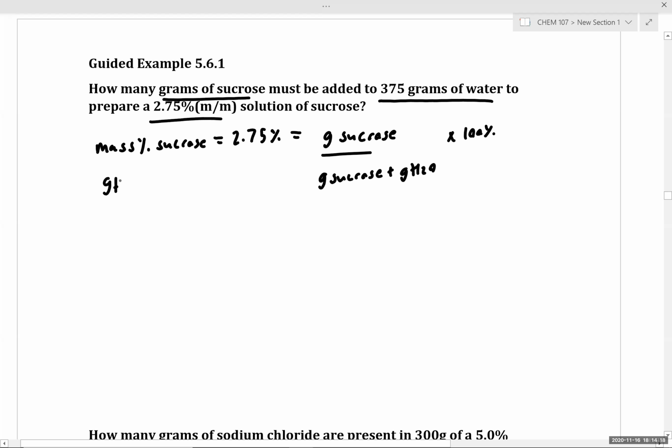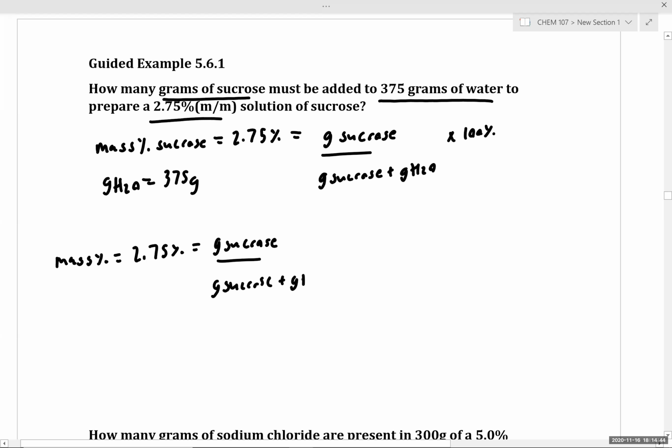And we also know the grams of water. What is our mass of water in this case? 375. Yep, so we have 375 grams of water. So plugging this in, our mass percentage, 2.75%, is equal to the grams of sucrose over the grams of sucrose plus 375 grams, times 100%.